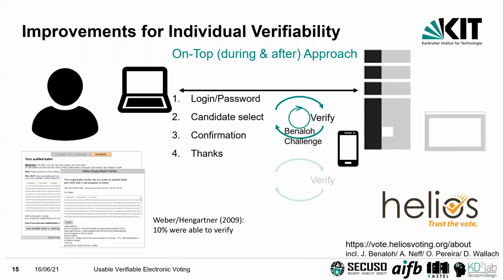So starting off with Helios, there are Canadian researchers, Weber and Hengartner, that studied the original interfaces from Helios in 2009. And unfortunately, at this point in time, only 10% were able to verify. Definitely, it's worth mentioning that the Helios people also improved their interfaces.